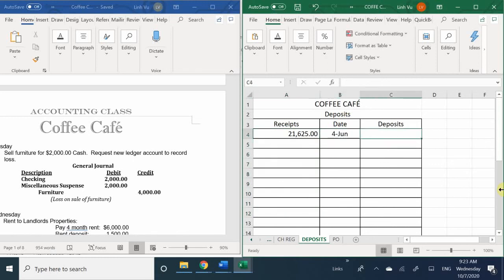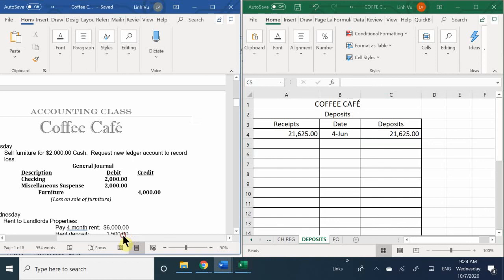So that means it should be in the bank currently for $21,625. Okay. So make sure that you do this often, whenever you have a transaction that's been completed, or in most cases, if you have cash lying around that's available, you want to make sure that you deposit it into your bank. Okay.